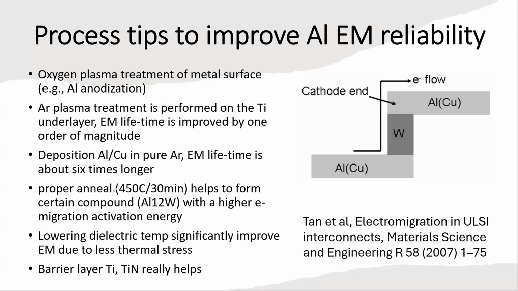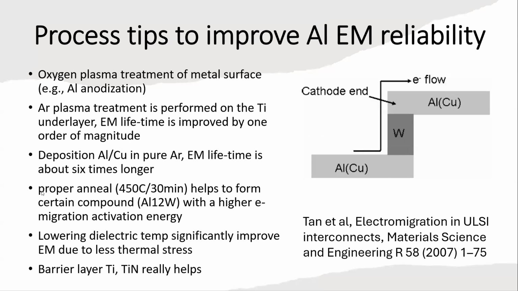If you anneal it at 450 degrees Celsius for 30 minutes, you form certain compounds with a higher electromigration activation energy. So this aluminum-tungsten, something like that, right? So this gives you an idea. Anneal helps, and that is key.